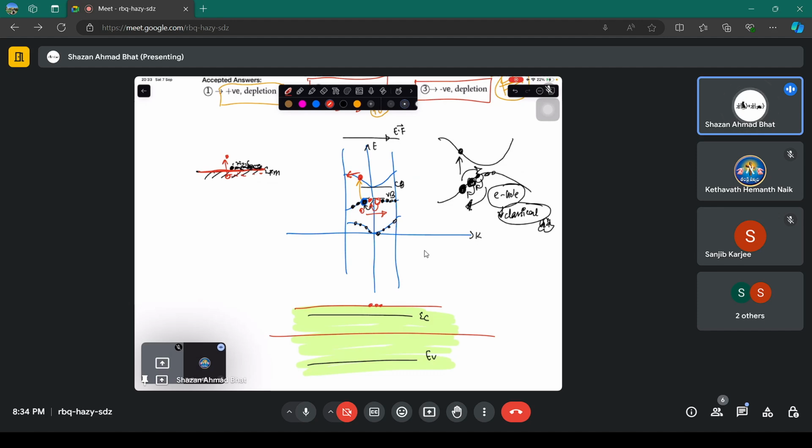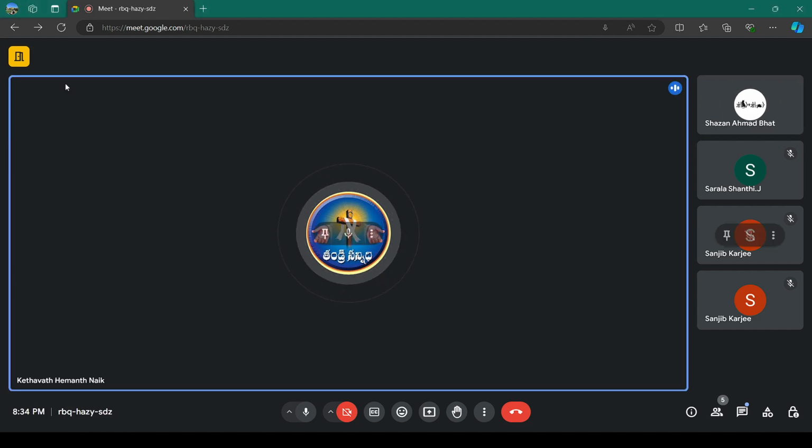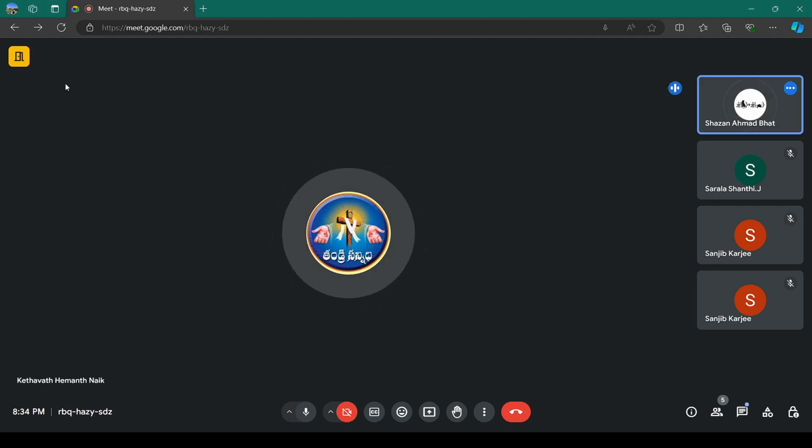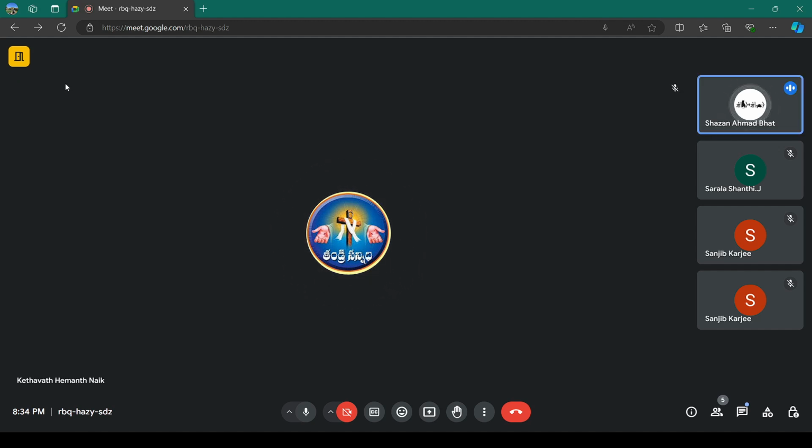And if an electron goes from this to your conduction... Sir, I think the screen is not visible. Oh shoot, okay. So when did this happen? It was visible earlier? Just when I asked the question, from then on.